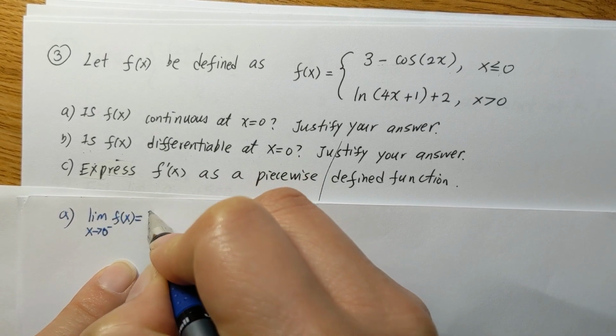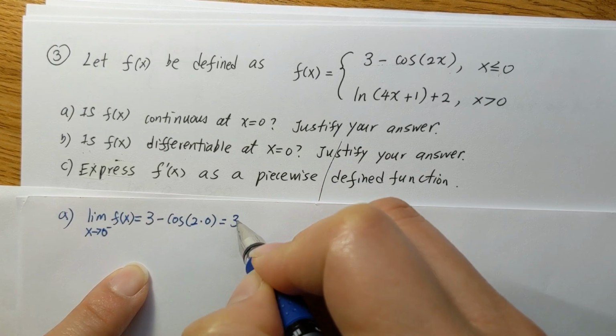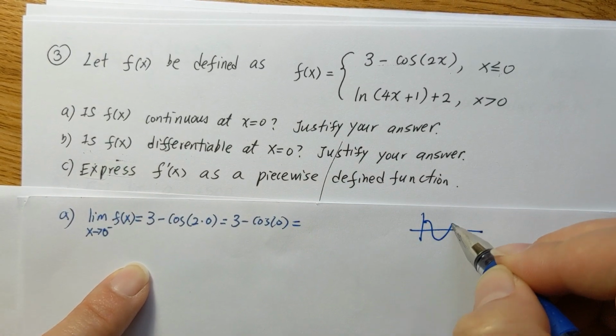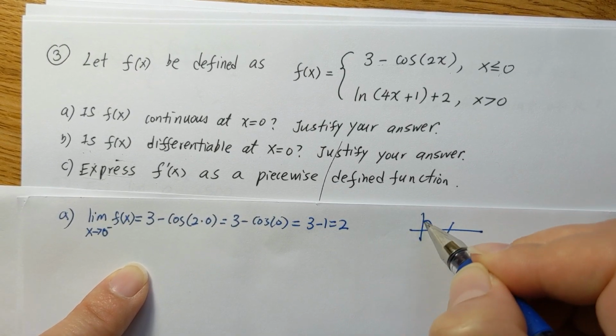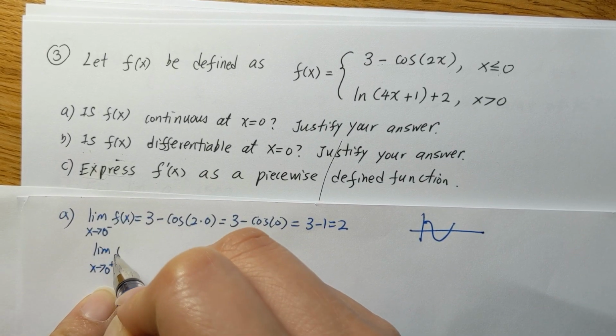So we're going to use substitution. We're going to grab the cosine function, so we're going to get 3 minus 1 equal 2. And then we're going to do the right hand limit.